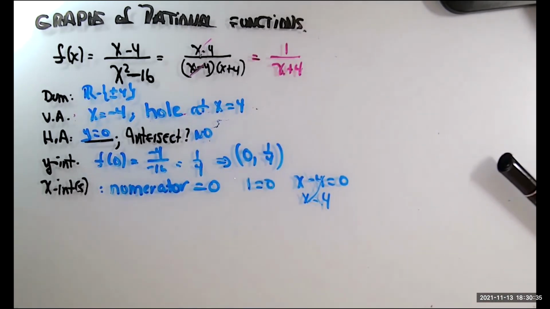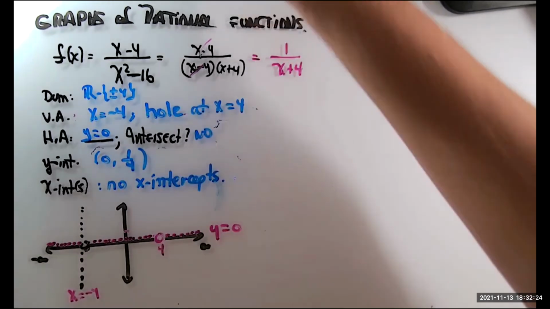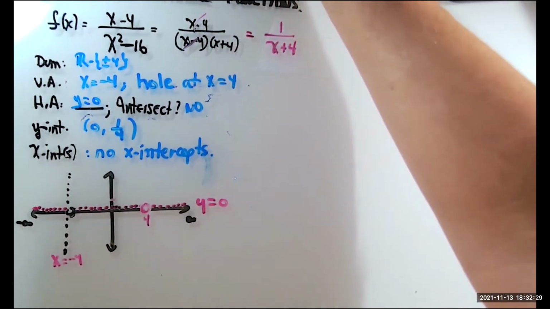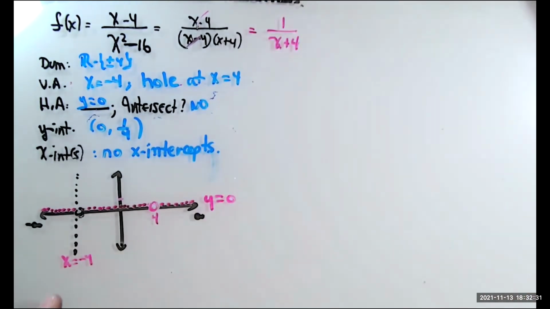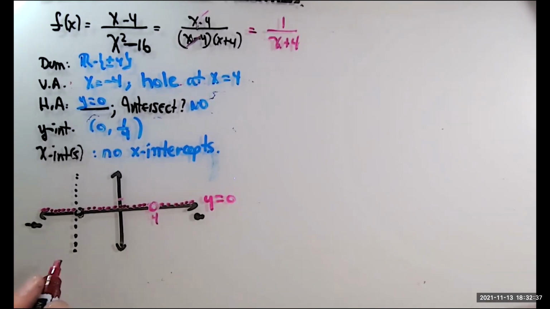And now we are ready to identify the intervals. So this is what we know so far. We have a vertical asymptote at x equals -4. We know that x equals 4 is not part of the domain, so we'll experience a hole when x equals 4.